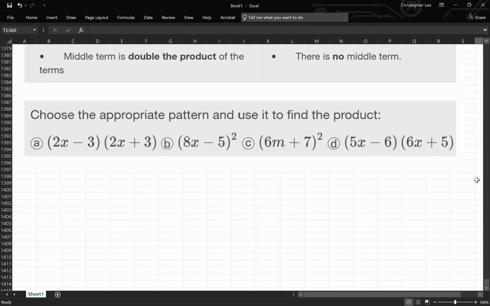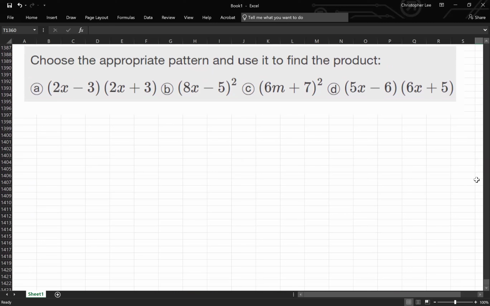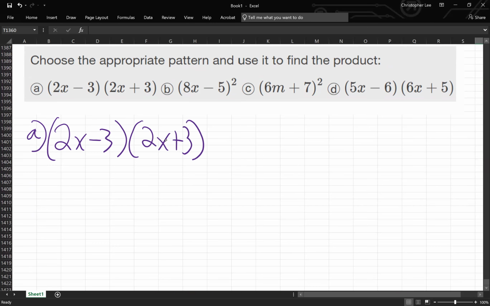But real quick, last example. It says choose the appropriate pattern and use it to find the product, right? I'm just going to fly through this real quick. For A, I have 2x minus 3 times 2x plus 3. I notice that one is a minus, one is a plus.